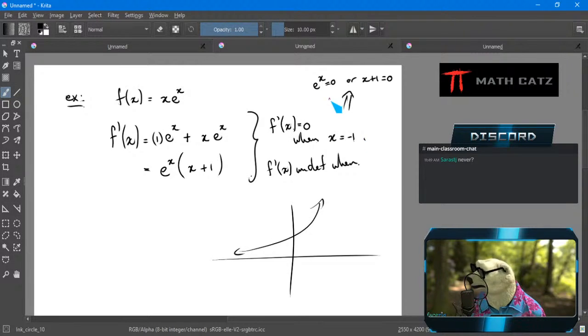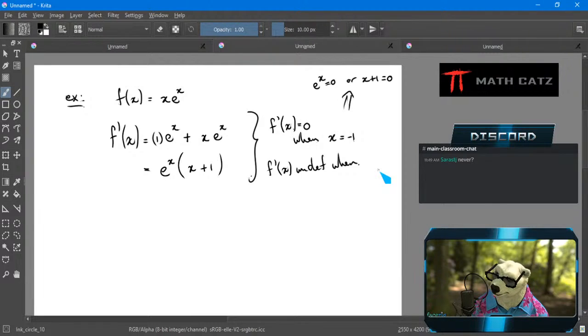But you need to know. So never is the answer for e to the x equal to 0, and therefore I only have the -1. Picture the graph, read it off. It's all there. And undefined, all of these things are defined. I'm not dividing by 0. It's all good. So that's a never.